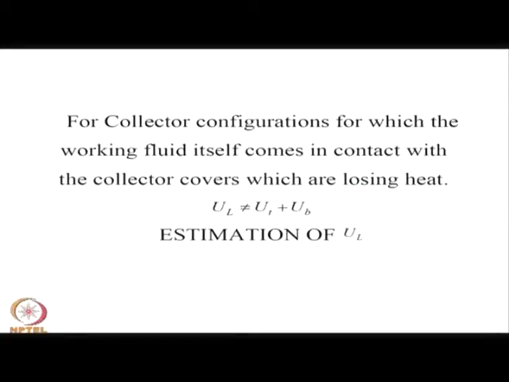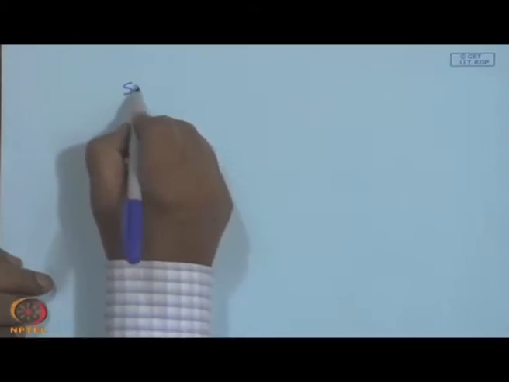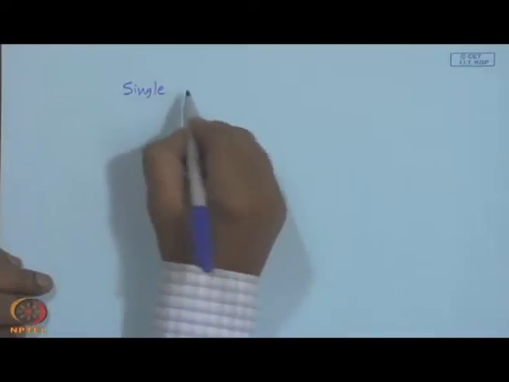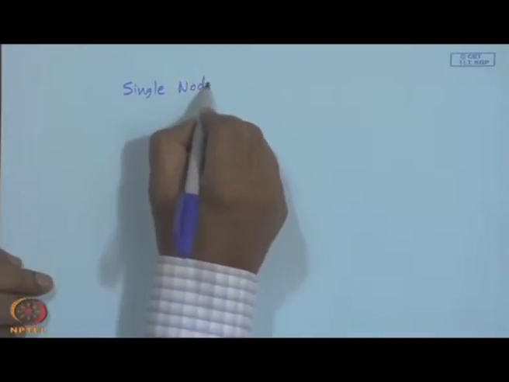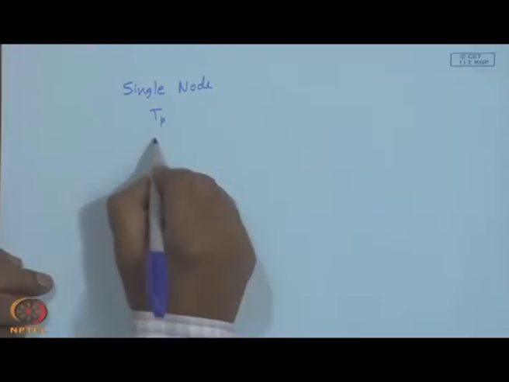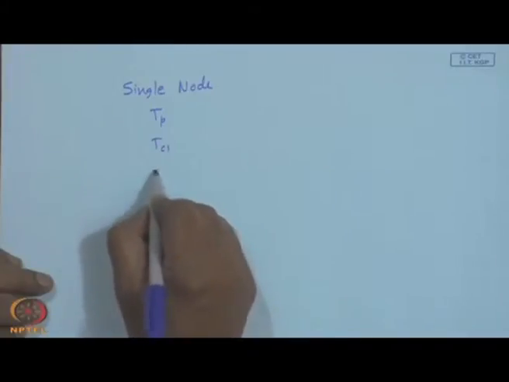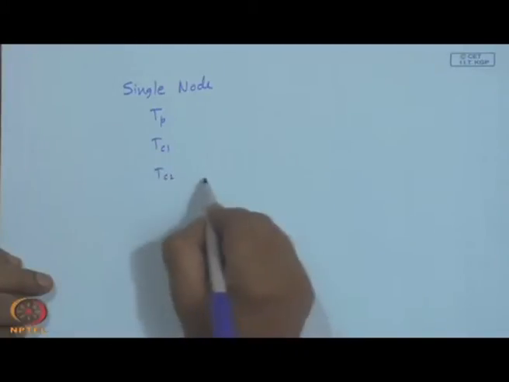So, having done these things, what did we do? We assumed a single node T p, T c 1, T c 2.